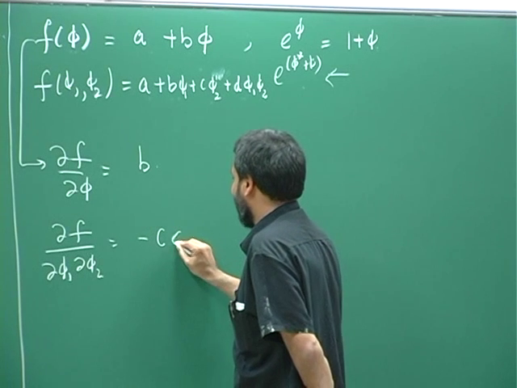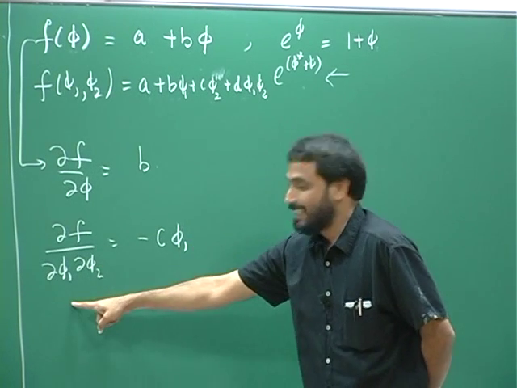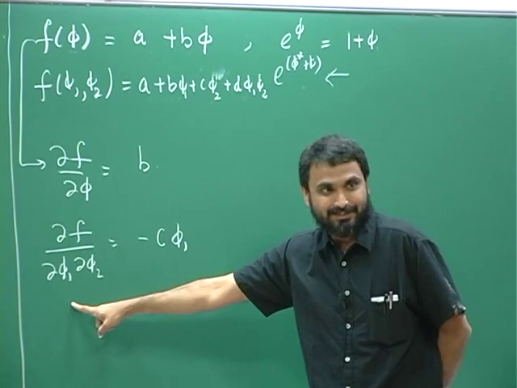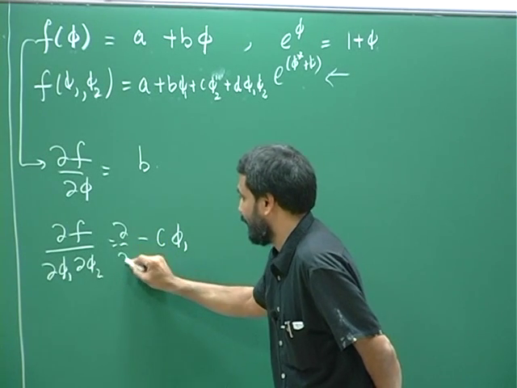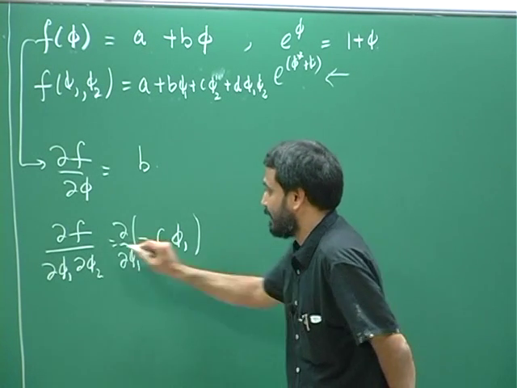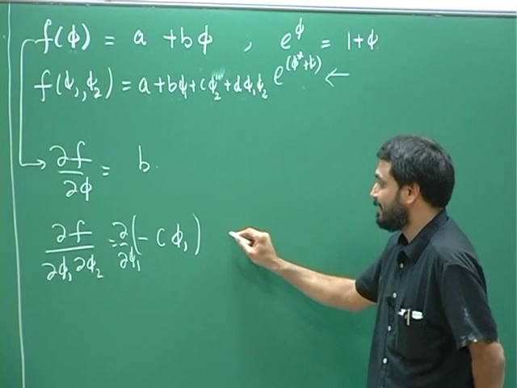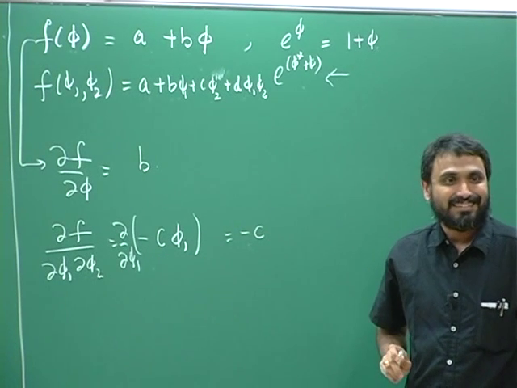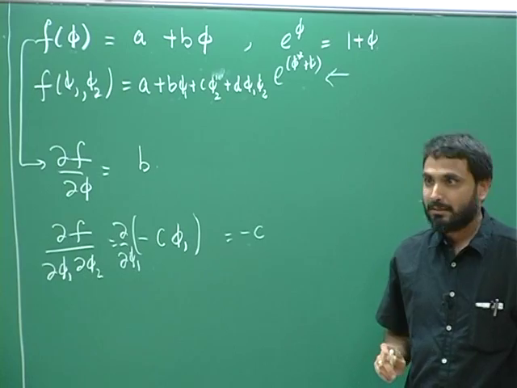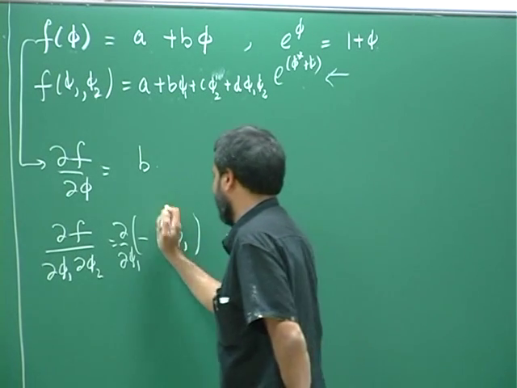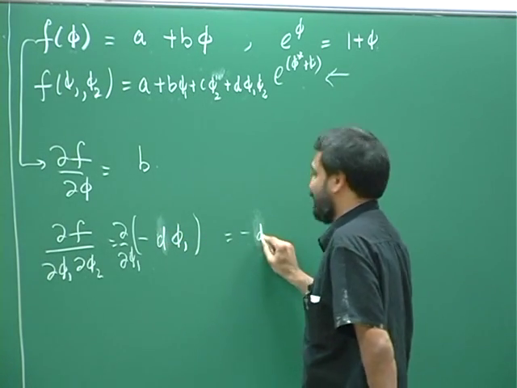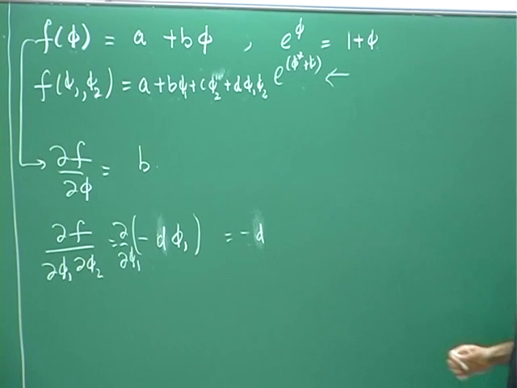So what I will get is phi 1. And then when I take the second derivative with respect to phi 1, this is the result of taking the d by d phi 2, and when I take this it will just give me minus c, right? Minus d, I'm sorry. Okay. Yeah. C, d. Okay.